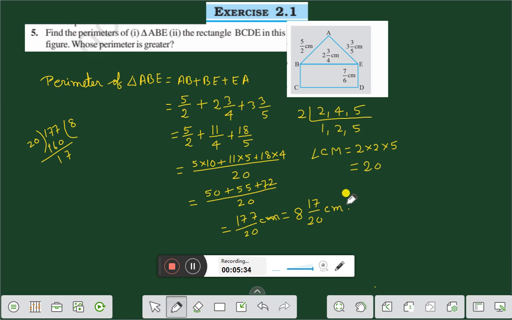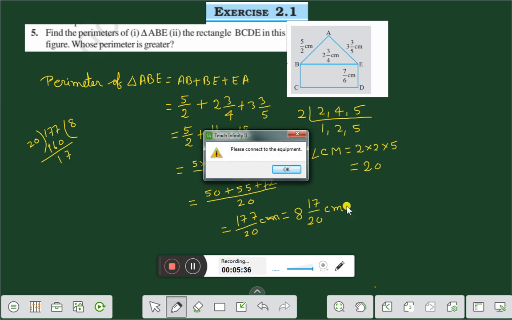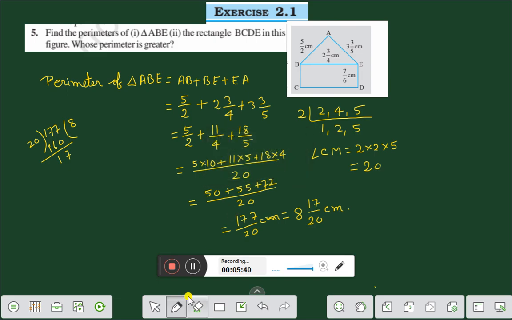Now we have to find the perimeter of the rectangle BCDE, right? Let us find the perimeter of the rectangle BCDE.